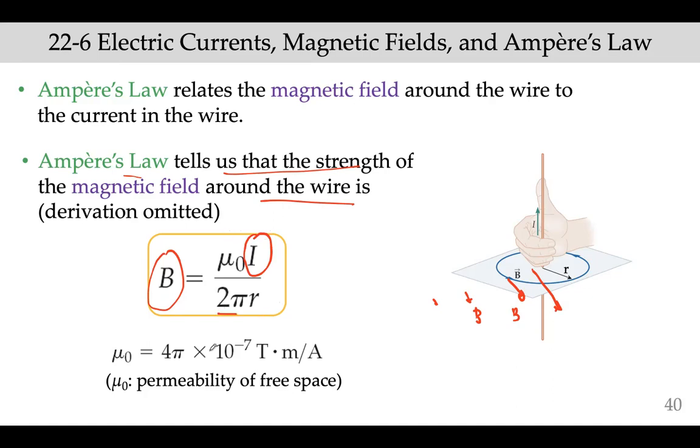And there's 2 pi in the denominator and r. r is the distance from the wire to the point where you want to calculate the magnitude of the magnetic field. And here mu0 is a constant of the universe that we live in. It's 4 pi times 10 to the negative 7 tesla meters divided by amperes. And it's called the permeability of free space.